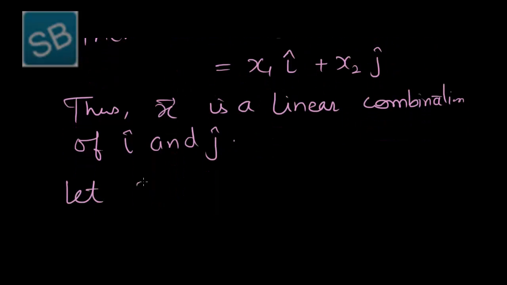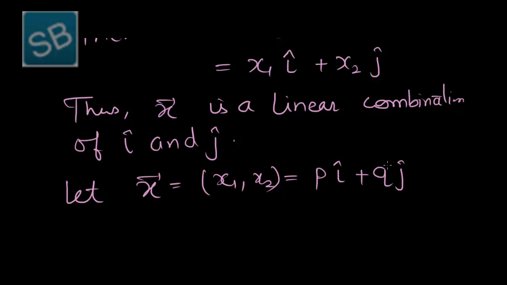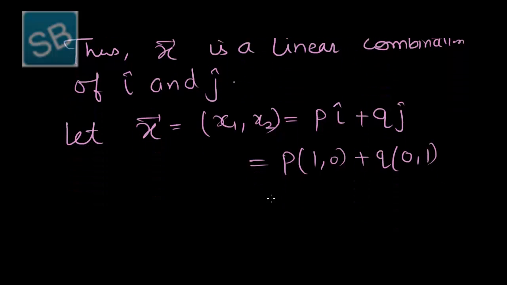Let vector x = (x1, x2), which is equal, in another form, to pi plus qj. So we can write p(1, 0) plus q(0, 1), the values of i and j unit vectors. So we get (p, 0) plus (0, q), that is (p, q).